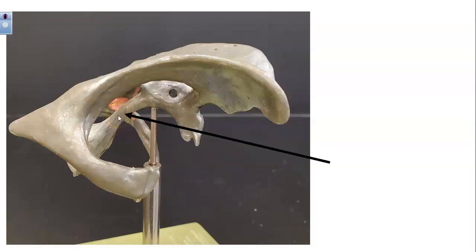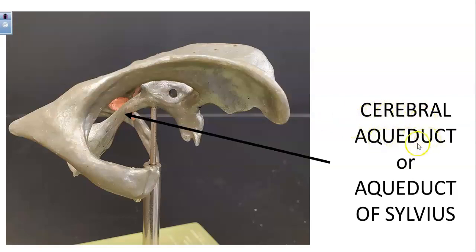This is that little river thing that I was showing you. Again, all this little area is just hollowed out, filled with cerebral spinal fluid. So this is the cerebral aqueduct or aqueductus sylvius, this little area here. So third ventricle, aqueductus sylvius, right lateral ventricle.